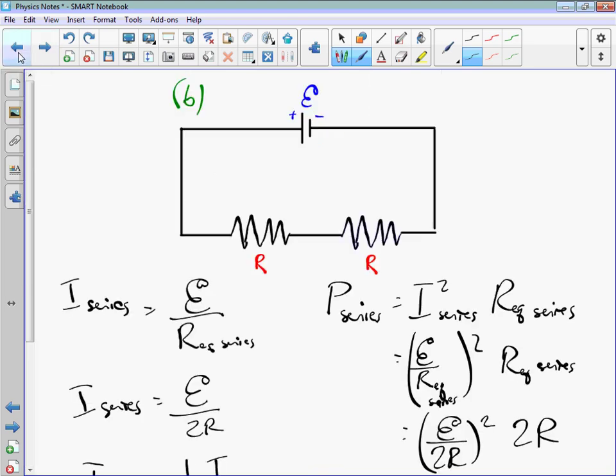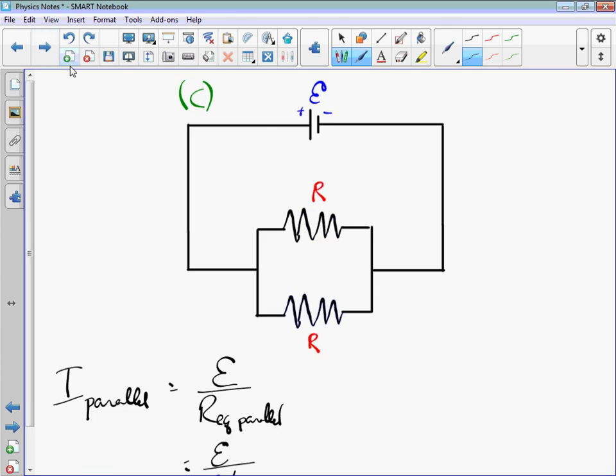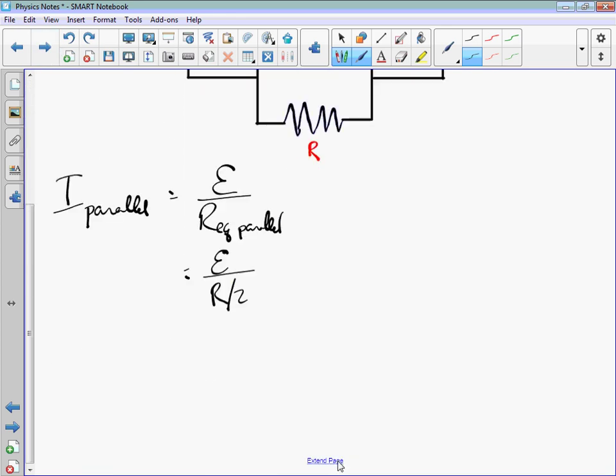What was the current of the one bulb system? It was E over R. So how does this relate to E over R? Pretty closely. Divided by 2 puts 2 on the top, so 2 times the current on one bulb, E over R, so 2 times the current of one bulb by putting them in parallel.